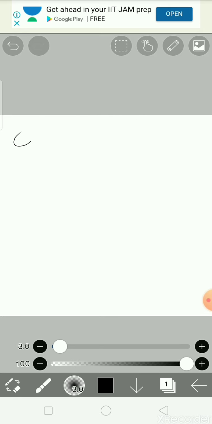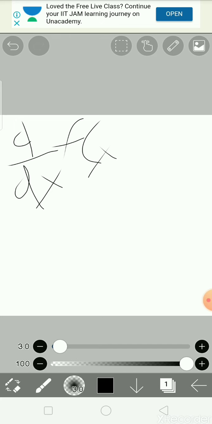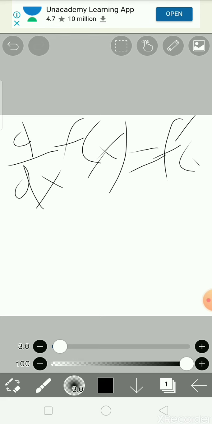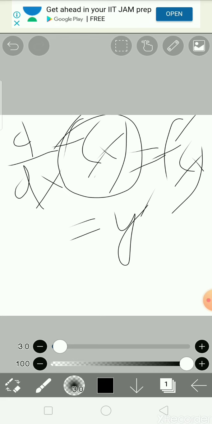Again I'm writing d by dx of f of x equals f dash of x equals y dash for a function f of x or y.